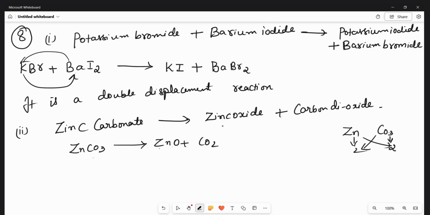And zinc oxide, zinc valency 2. Oxygen valency is also 2. You will get ZnO plus carbon dioxide. This is correct. This only will come.